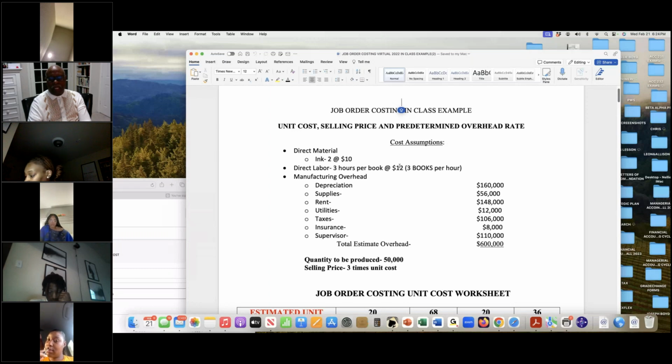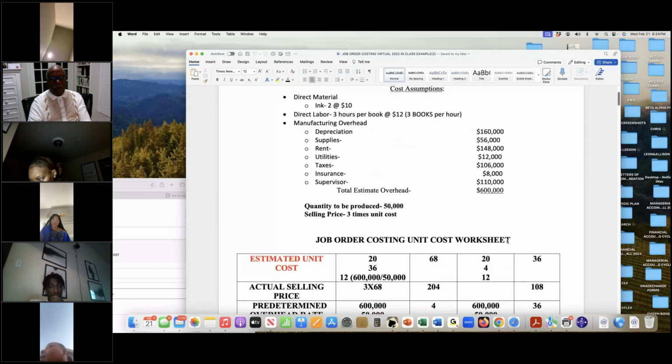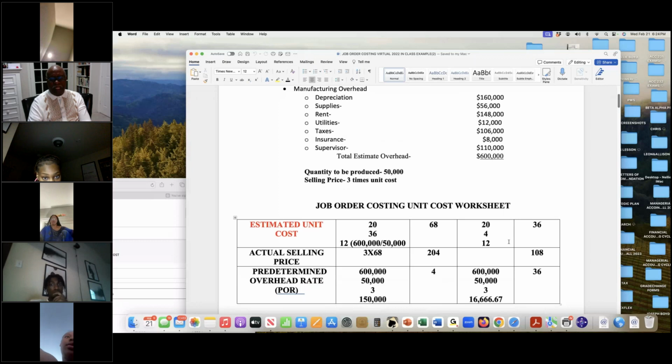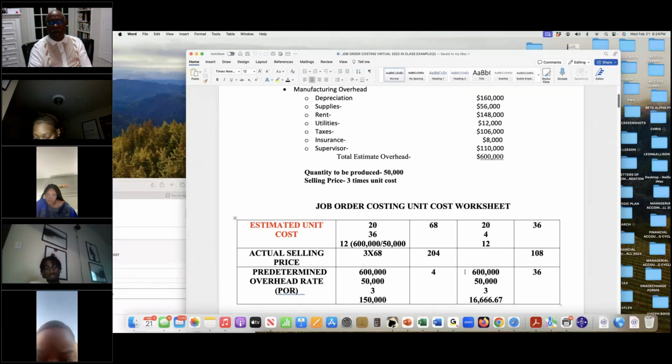Then our estimated overhead was $600,000. We did the calculation: the unit cost would be 68, our selling price would be 204, and our predetermined overhead rate 4. Are there any questions?